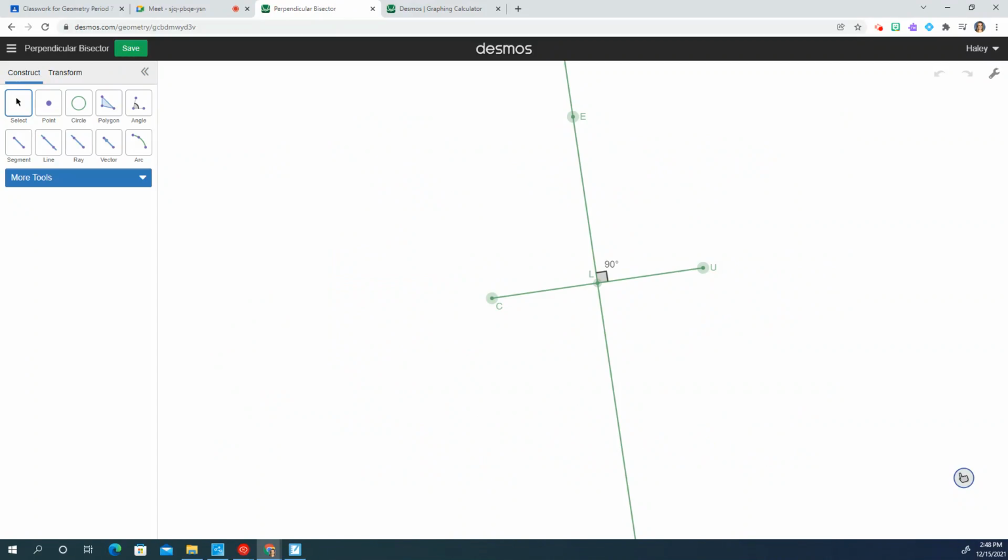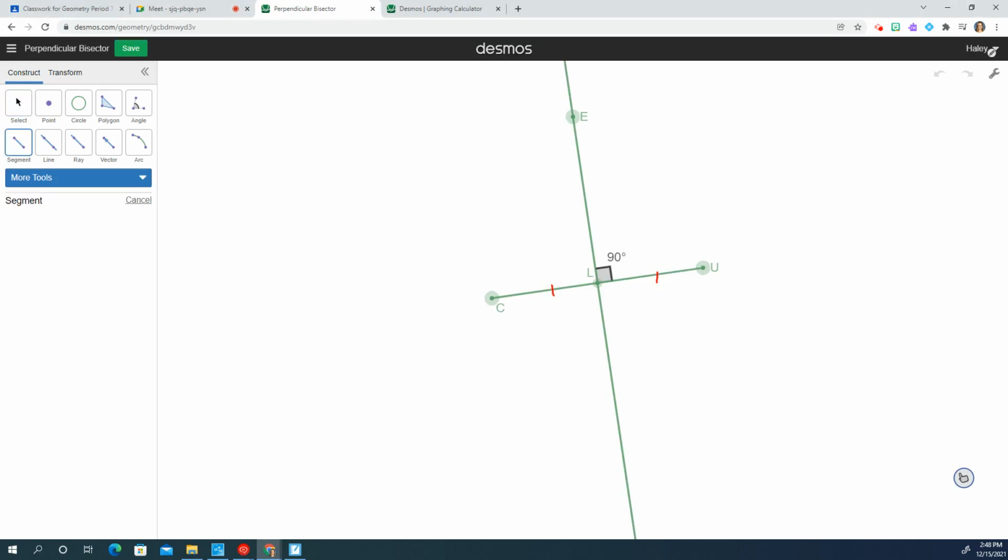All right. So here we have segment CU. There's no markings that these are congruent, but I'm telling you they are. I have this bisector and they're showing you the perpendicular bisector, right angle here. Let's see if I can make this easier to see. There we go.